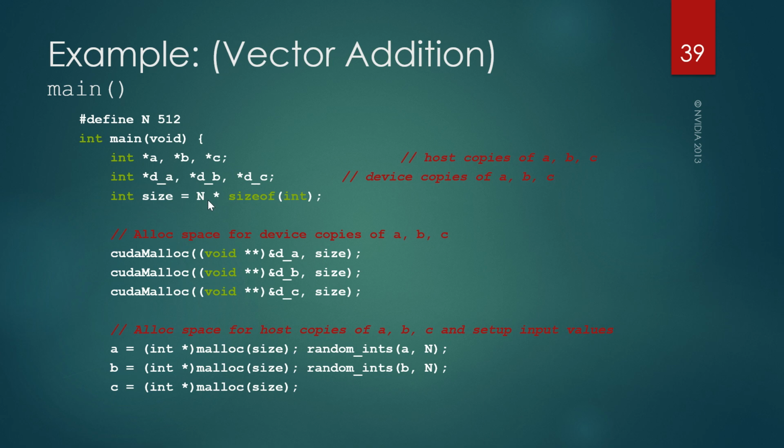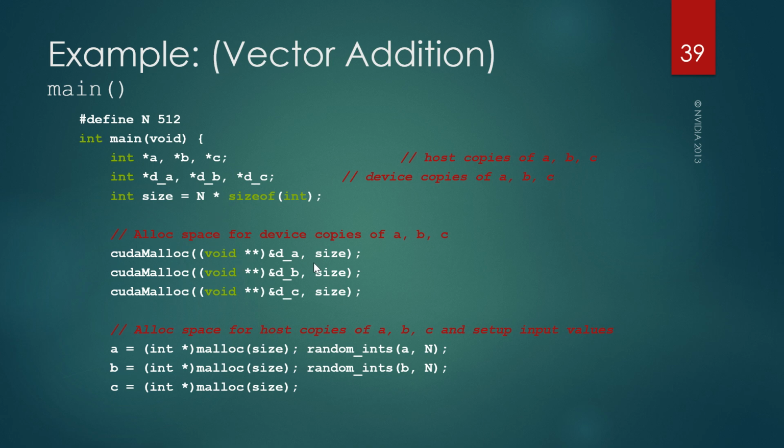Anyway, n would be the number of threads, but also the number of elements. This is a vector, which is an array. So there are n elements in this array, and the size of an int times n is how much memory you need.